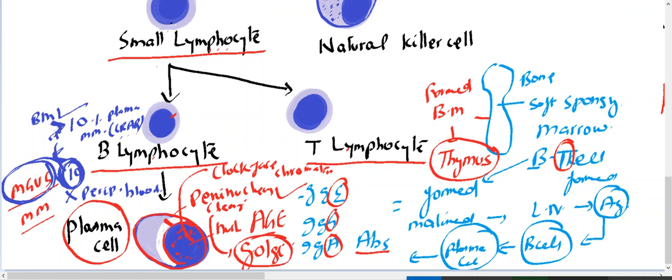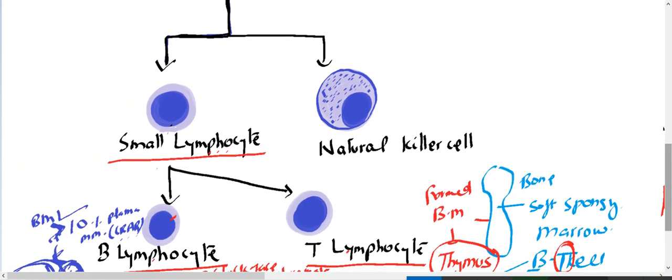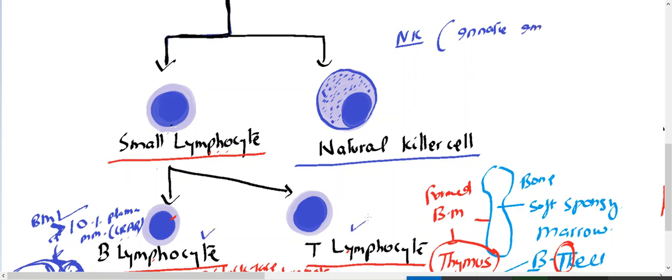And then from the prolymphocyte, another cell which is formed is the natural killer cell. These natural killer cells are cells of the innate immune system, which you are born with. Adaptive immune system cells are like B lymphocytes, T lymphocytes, and antibodies, which adapt in later life. Innate immune cells are like neutrophils, eosinophils, macrophages.